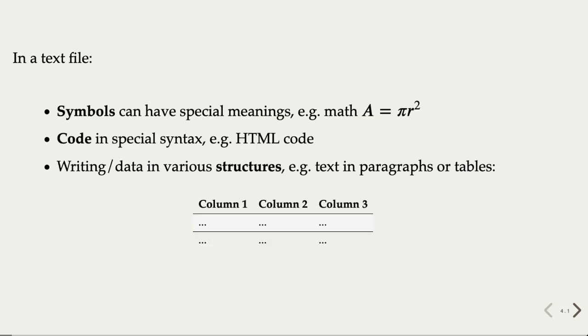A scientific article is an example of a text file, where you may encounter math equations and symbols with special meanings. It may be a web page with HTML code which follows a special syntax defined by the W3 consortium. It may contain descriptions in paragraphs and data in tabulated structures.